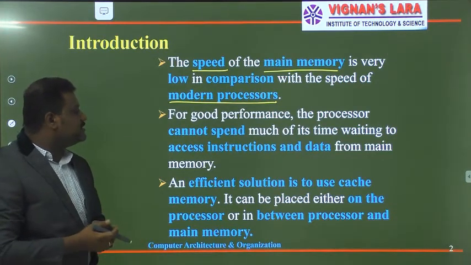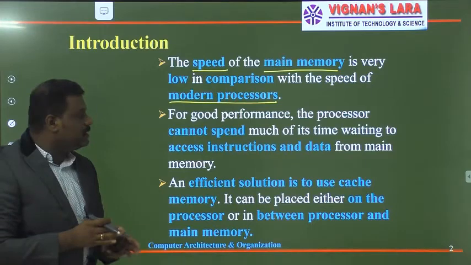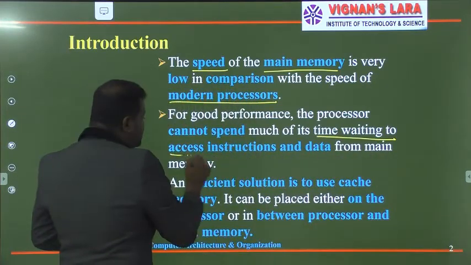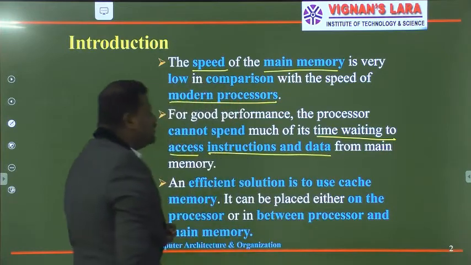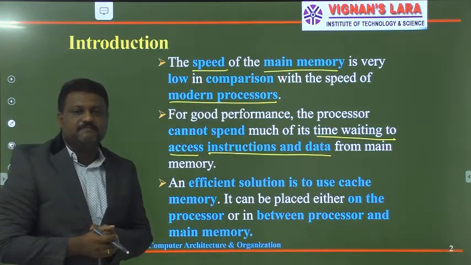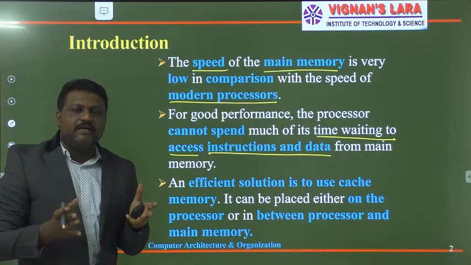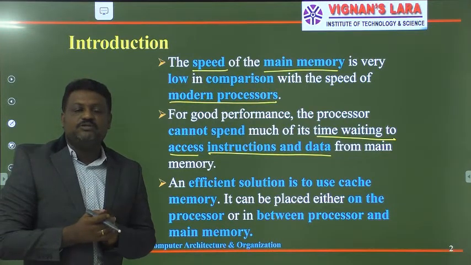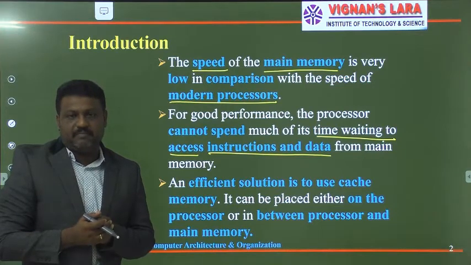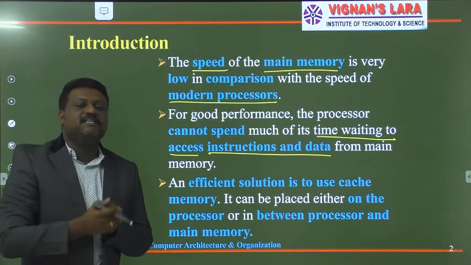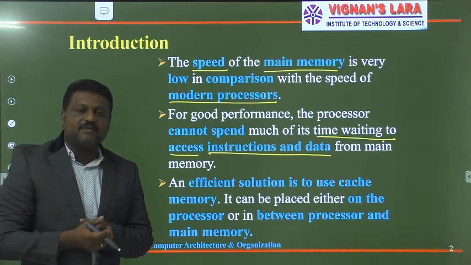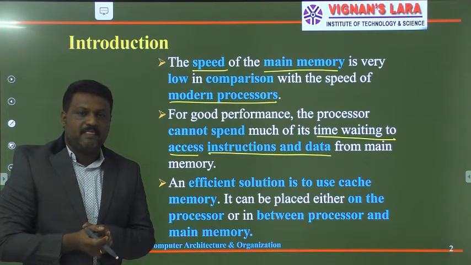For good performance, the processor cannot spend much of its time waiting to access instructions and data from main memory. In order to get a good performance from the system, we have to reduce the CPU time when it is going to access the information from either memory devices as well as I/O devices.